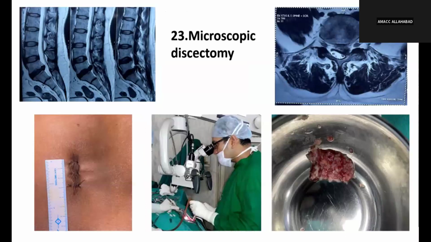What we do routinely is microscopic discectomy. This is my preference because I have many cases. First thing is any type of disc, extruded, one-sided, two-sided, central disc, paracentral disc, you can do. Second thing, the incision size is hardly 3 centimeter. And third thing is everything is in front of you.